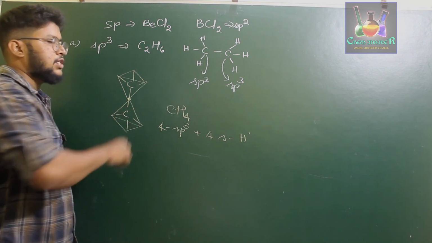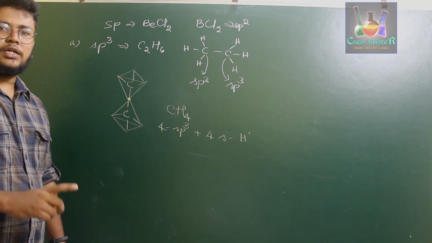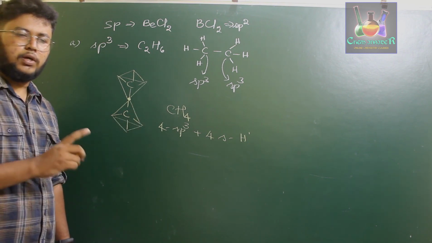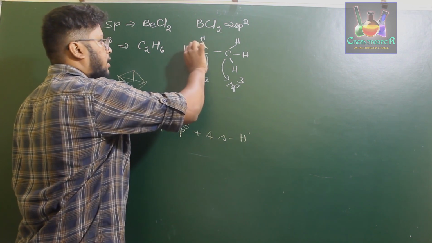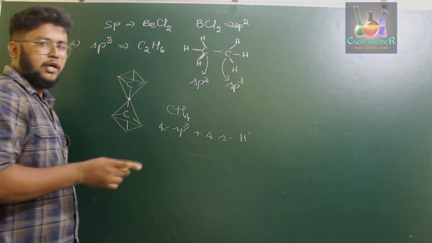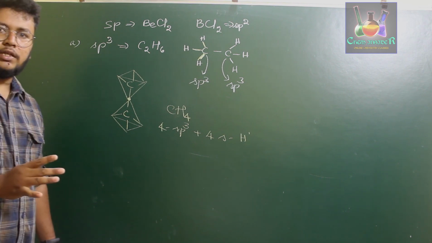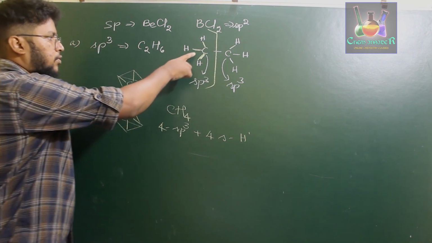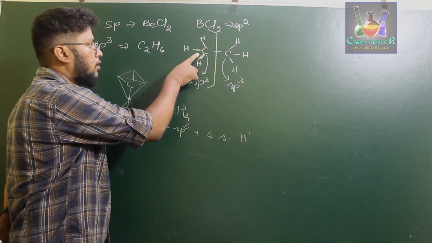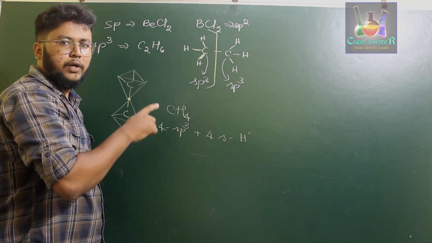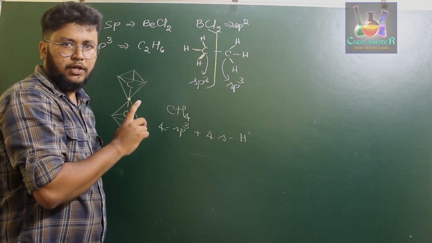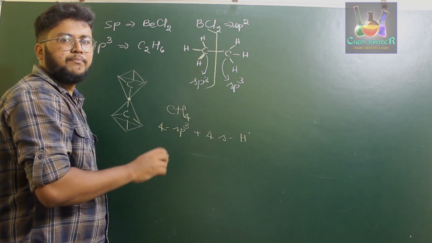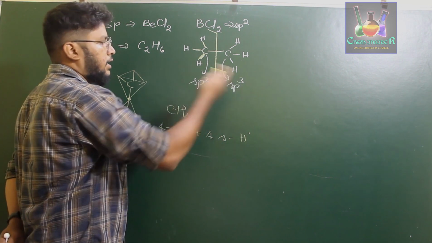In this particular case of C2H6, 3 of the sp3 hybrid orbitals of one carbon will be overlapping with the 1s orbitals of each of 3 hydrogens. Out of the 4 sp3 hybrid orbitals of this particular carbon, 3 are overlapping with the s orbitals of the hydrogens, and one of the sp3 hybrid orbitals will be overlapping with one of the sp3 hybrid orbitals of the other carbon.